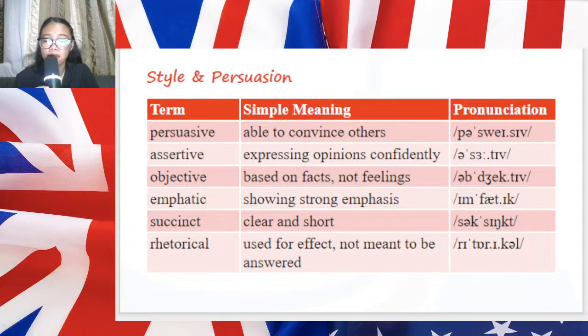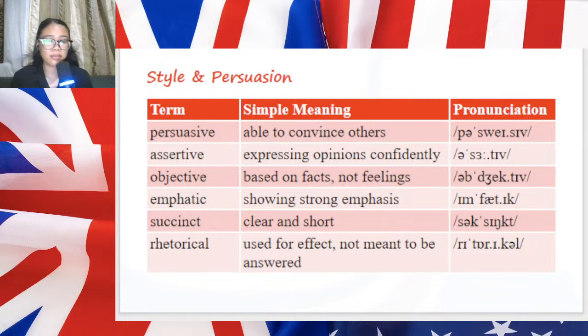When it comes to pronunciation, it starts with a schwa sound, a weak and unstressed O vowel sound, and then followed by jek, which is a stressed syllable, and ends with tiv, a short E vowel sound. So this is objective.